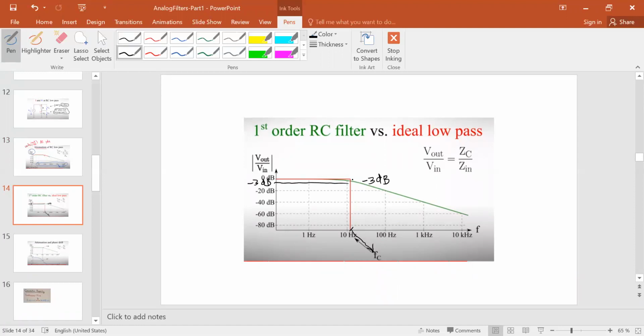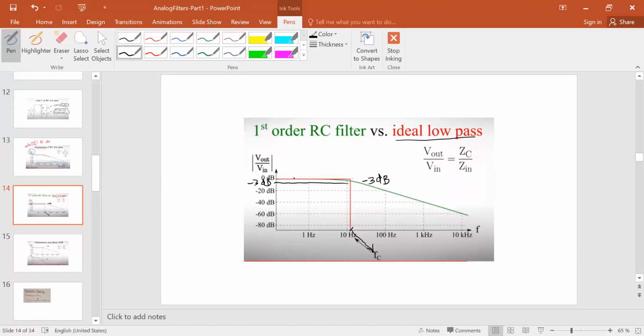So anything beyond this, definitely the dB goes negative and is attenuated, and after some time it's completely attenuated, but there is a slope. Whereas in case of an ideal low pass filter, we want an abrupt change. What we want is that before FC, look at the red line. The red line is the ideal line.